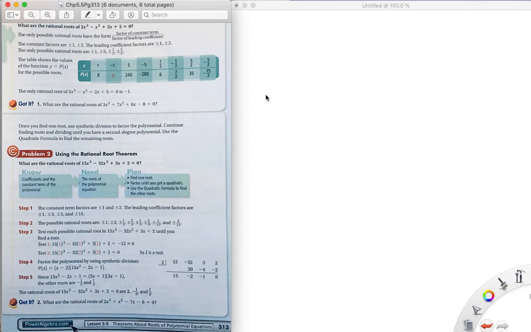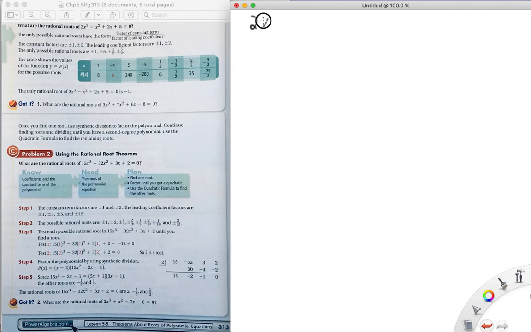So here's how this works. They want us to find the roots of 2x cubed plus x squared minus 7x minus 6. What are those roots?